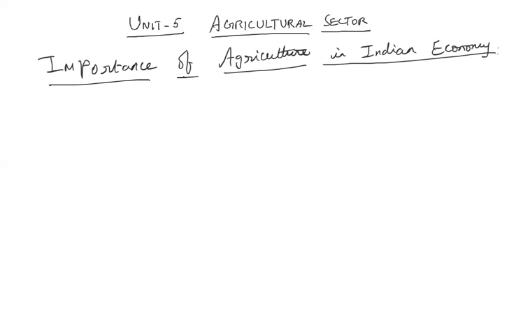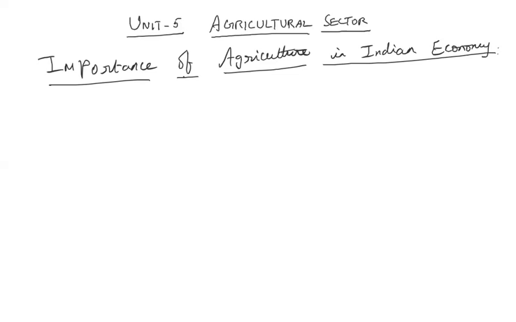Whatever problem happens in our agricultural sector even today, if production comes down in the agricultural sector, that immediately reflects in other factors of the economy, like in the form of inflation. Many other factors are affected in the country.